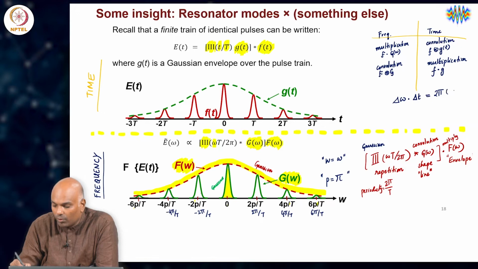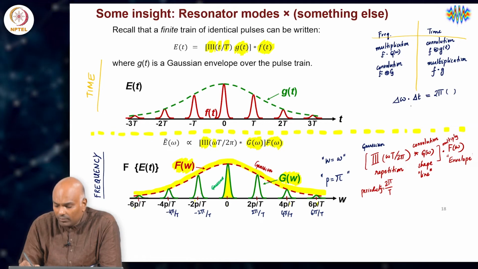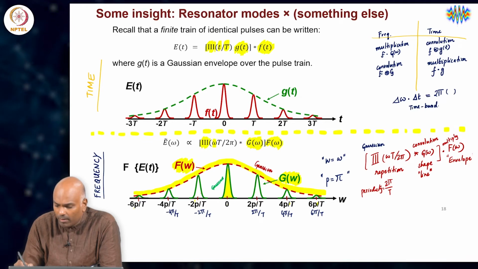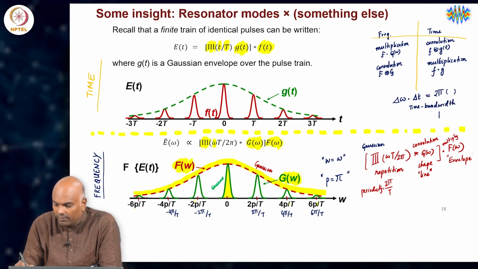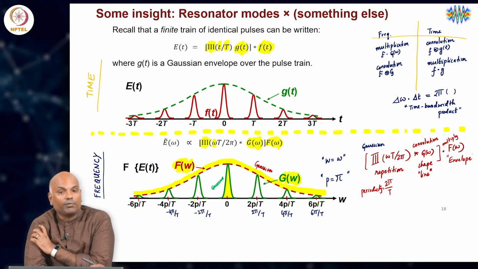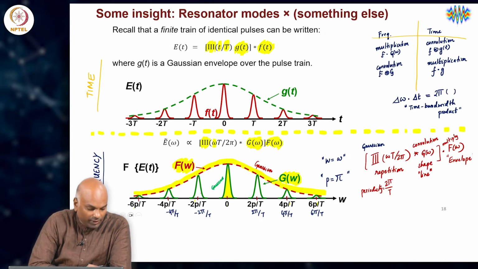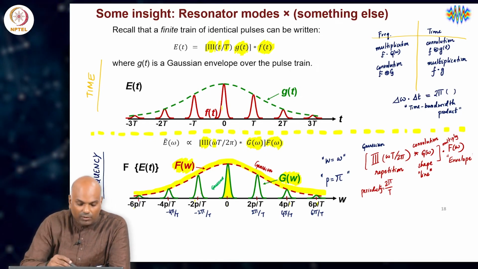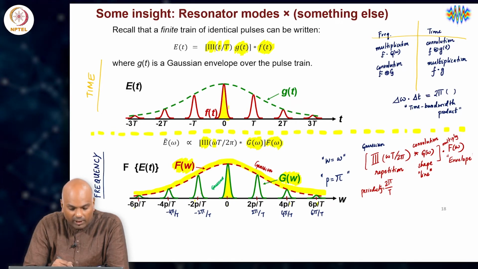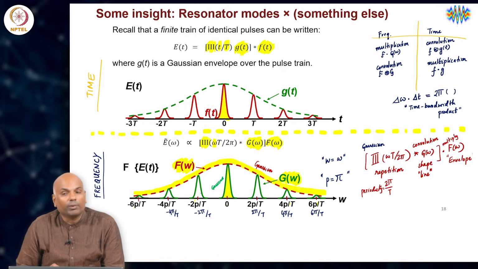In certain cases you could also have a multiplicative factor depending upon the shape of the function, but this is the time-bandwidth product vis-a-vis Fourier transforms, right. So, the function that is broader in the frequency domain results in a narrower feature in the time domain. Okay. This is just visual math. So, the thinner peaks, the narrower peaks in the time domain essentially are arising out of this broad envelope in the frequency domain.